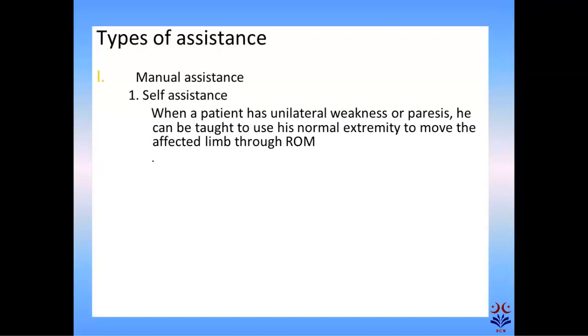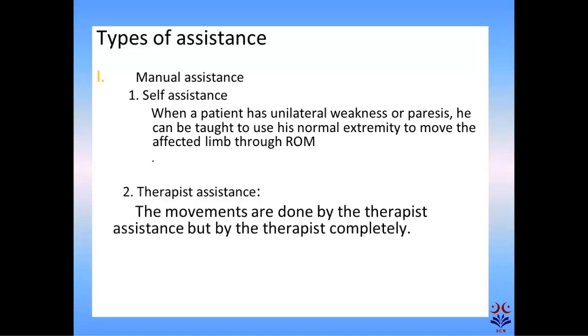Today, from now onward, we will discuss the types of assistance in active assisted exercises. As we discussed earlier, there are mainly two types of assistance. One is manual assistance and the other is mechanical assistance. Manual assistance is further divided into two types: self-assistance and therapist assistance.